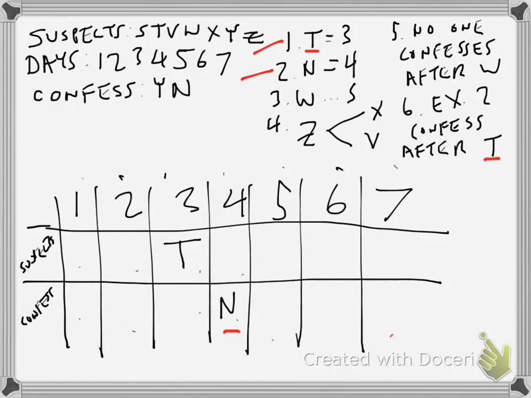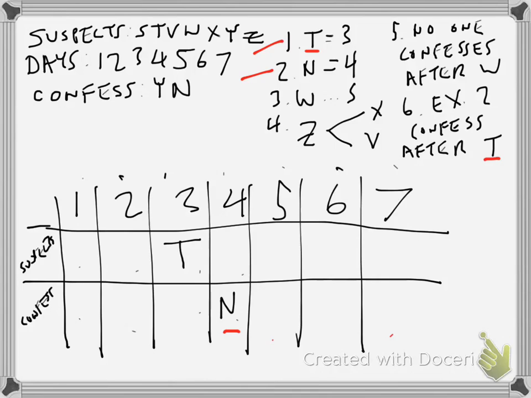But notice you also have the rule that says nobody confesses after W. Now, if nobody confesses after W, but exactly 2 confess after T, ask yourself this: could W be coming before T?